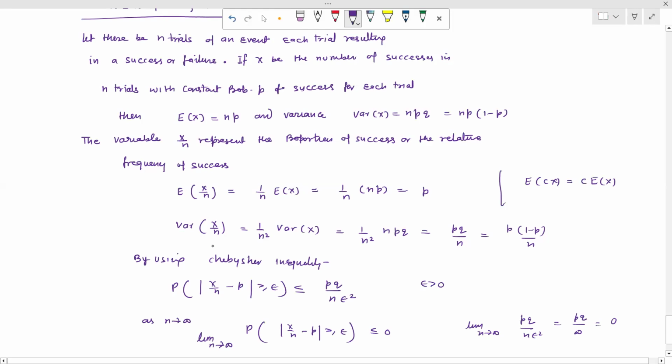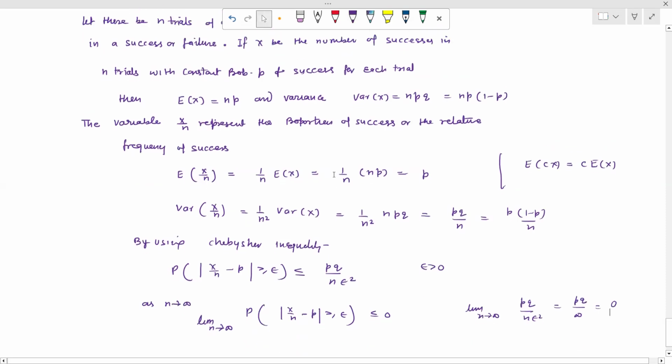So for using the Bernoulli law of large number, we understand the number of trials constitute any experiment.